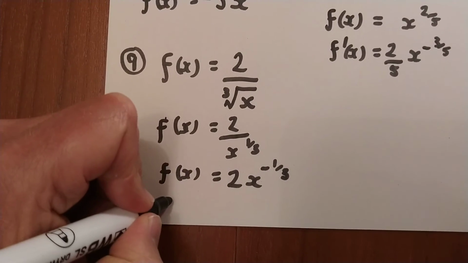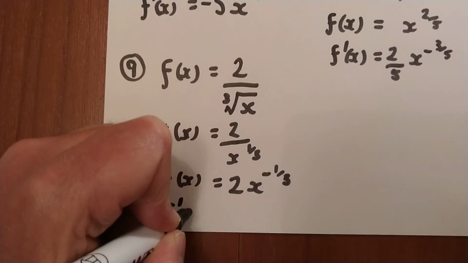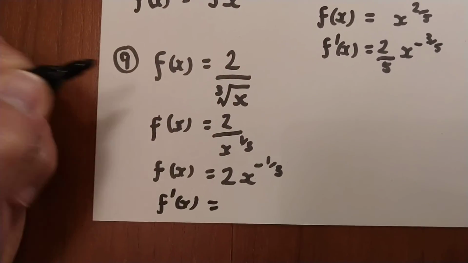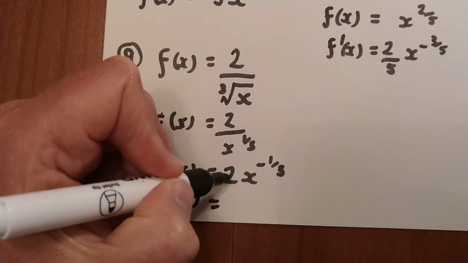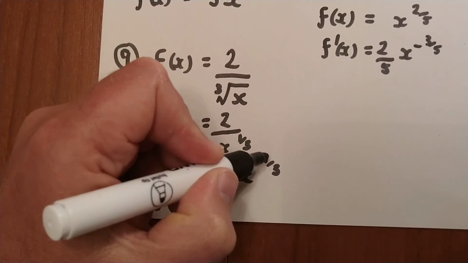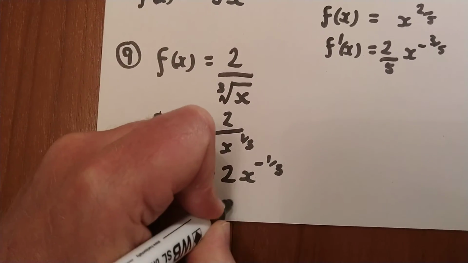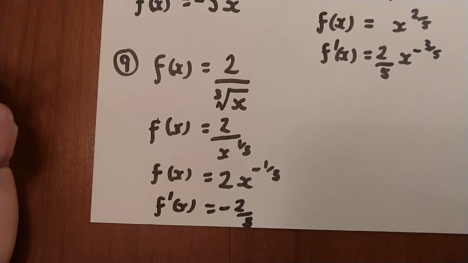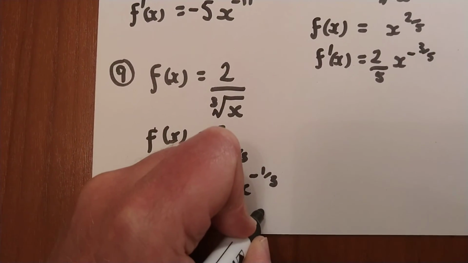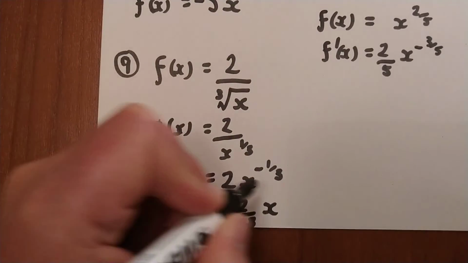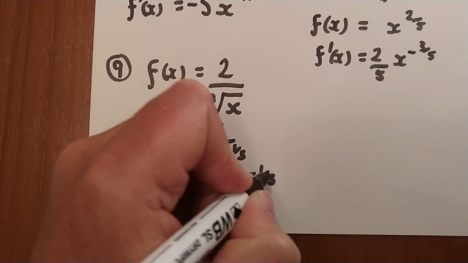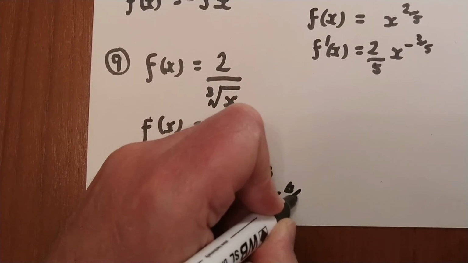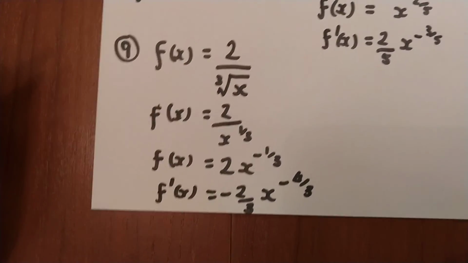Now I can differentiate f dashed x, multiply by the power, 2 over 1 times negative 1/3. That's negative 2 over 3. Take 1 away from the power, negative 1/3. Take away 3/3, negative 4/3.